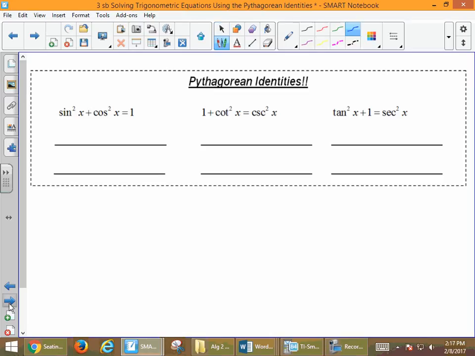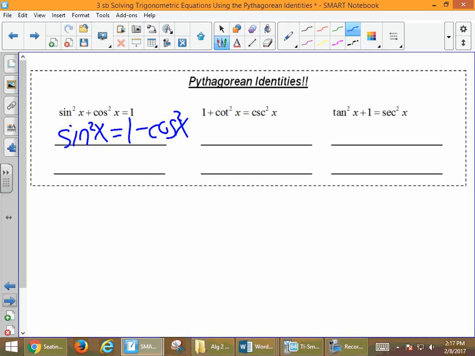And so to manipulate them, we're just going to take a value and isolate it. So if we were to solve for sine squared, we would subtract cosine squared from our first identity, sine squared plus cosine squared. So we would have sine squared of x equals 1 minus cosine squared. And this is if we just solved for sine squared.